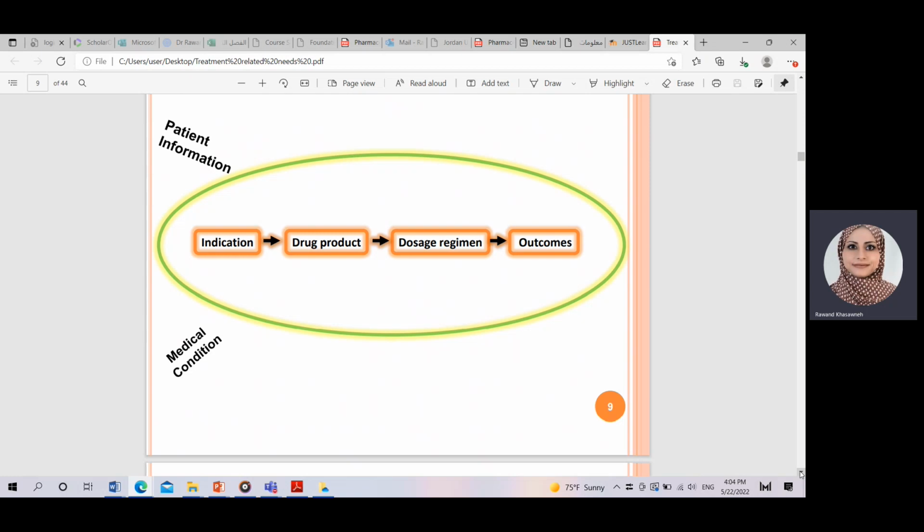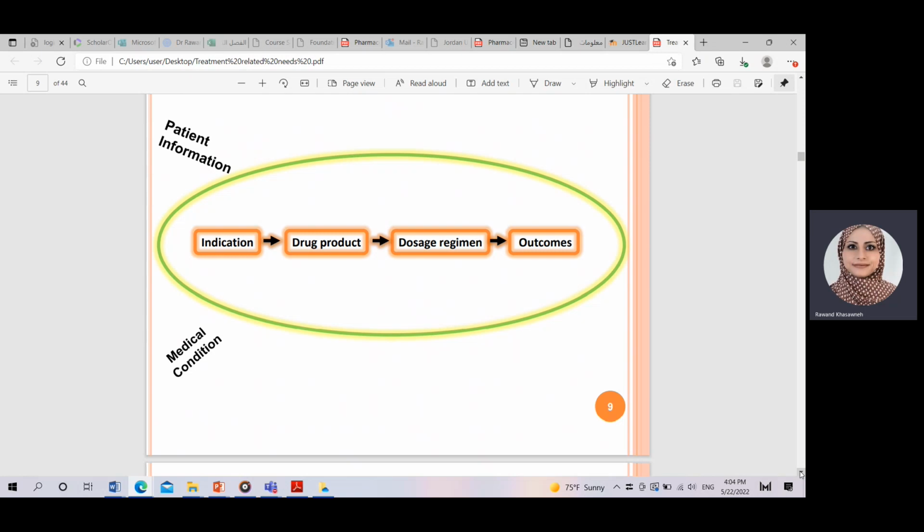Patients who have comorbid diseases or patients who have several indications may require numerous drug regimens. So each of these drug therapies must be assessed separately to evaluate the outcomes of each. So you have to follow the pharmacotherapy workup for each individual indication and for each individual prescribed medication, rather than looking at the cumulative effect of the combined medications together.